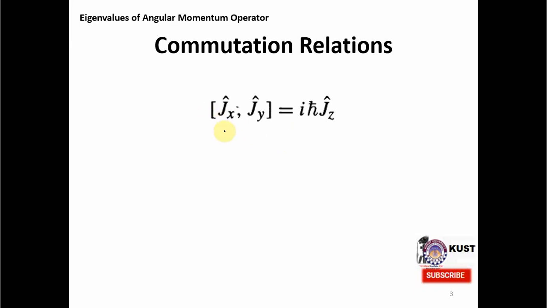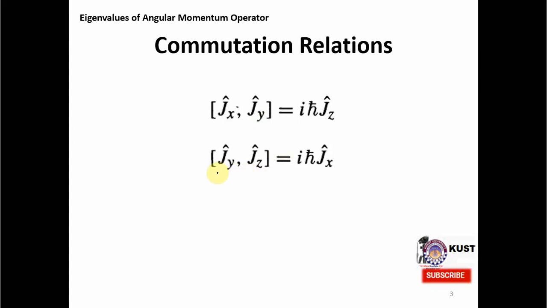The first relation is between the x component of J and the y component of J. If you calculate the commutation relation between the x and y components of J, then this is equal to i h bar J z. This we have already derived, or you can simply derive for yourself from the last lecture. This is a kind of revision where we derived the commutation relations of angular momentum. Then similarly we can have a commutation relation between the y and z components.